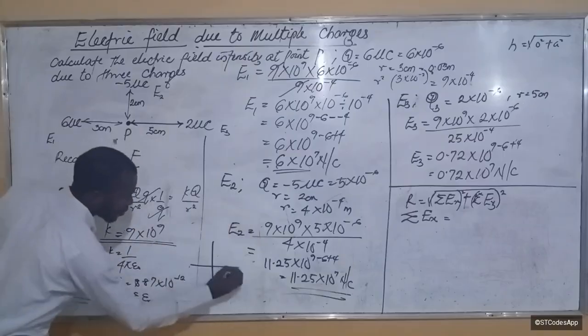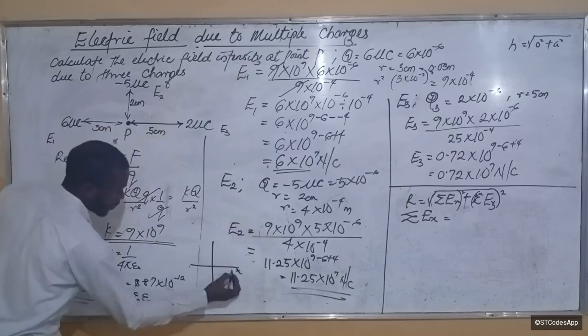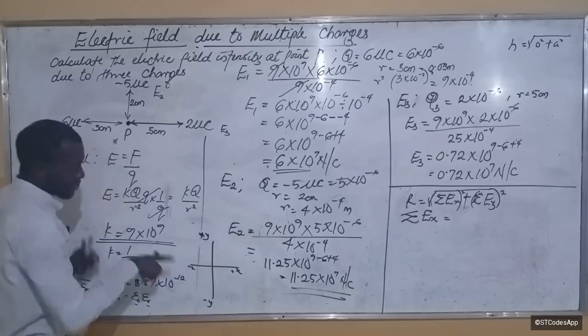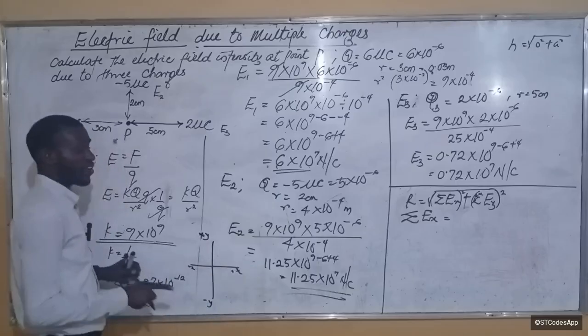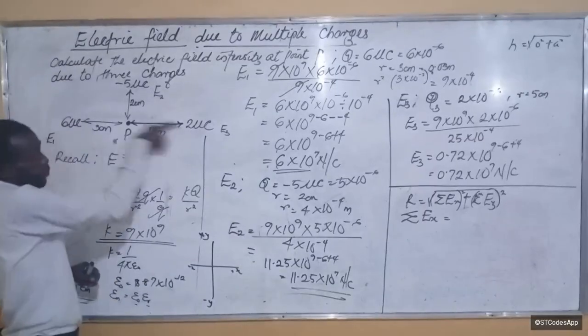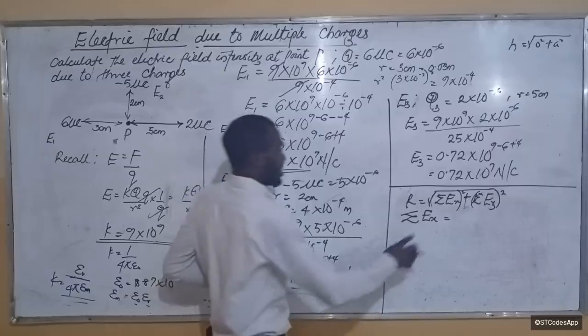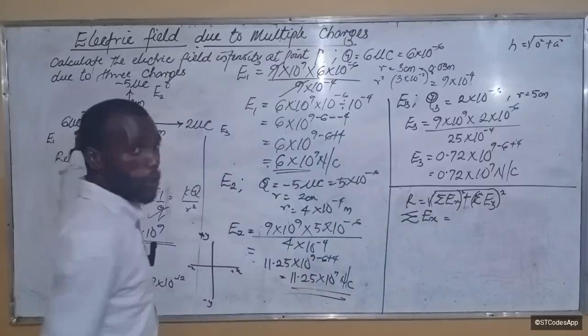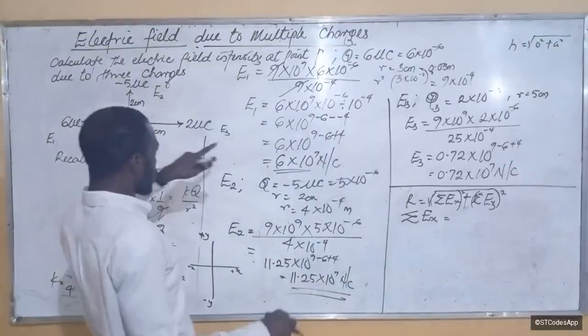In your Cartesian coordinate system, you have positive x, positive y, negative y, right? So if you are going in this direction, where are you going? You are going positive x. So the electric field due to this one, which is E1, will be positive. Is that clear? So E1 is positive.